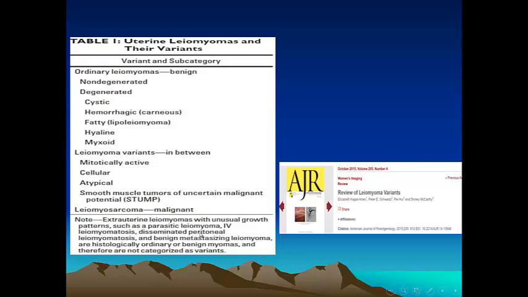So the extrauterine leiomyomas with unusual growth pattern, such as the parasitic leiomyoma, the leiomyomatosis, disseminated peritoneal leiomyomatosis, benign metastasizing leiomyoma, are histologically ordinary or benign myomas, and therefore are not characterized as leiomyoma variants because they are outside the uterus. And this paper is very nice if any one of you wants to see the variants of leiomyomas.